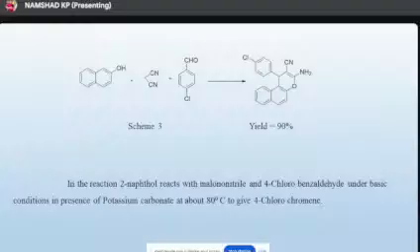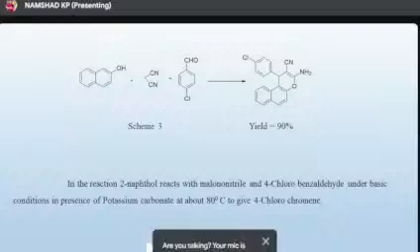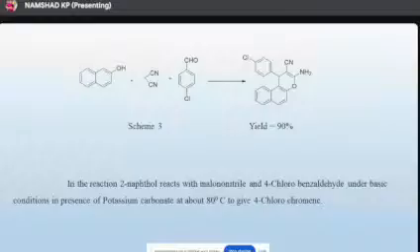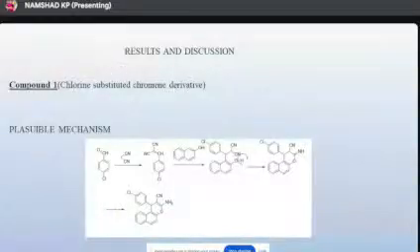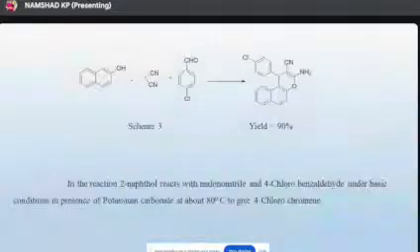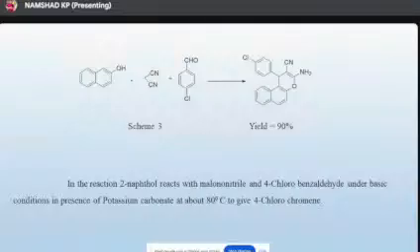The reaction was carried out at approximately 80 degrees Celsius, leading to the formation of substituted chromene derivatives in good to excellent yield. As an example, a chloro-substituted chromene derivative was synthesized with a yield of about 90%, demonstrating the efficiency of the developed protocol.